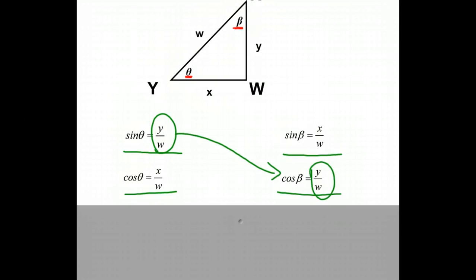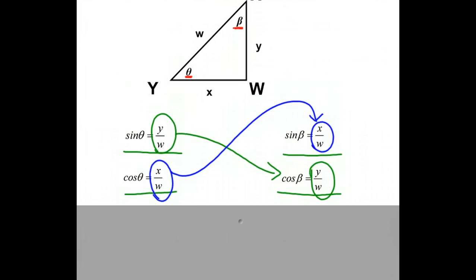If we focus on angle beta, we can see that the sine of beta is equal to x over w, and the cosine of beta is equal to y over w. And if you look at these four ratios together, what you should see is that the ratio associated with the sine of theta is exactly the same as the ratio associated with the cosine of beta. And that the ratio associated with the cosine of theta is exactly the same as the ratio associated with the sine of beta.